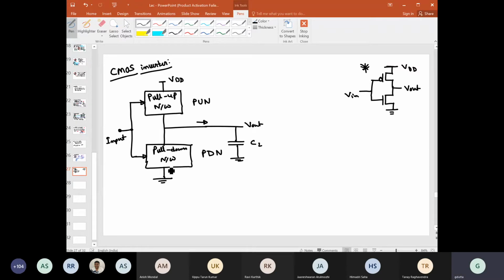Again, I repeat, for every set of input logic values, considering valid input logic, for example logic 0 or logic 1: if we apply logic 0, then either the pull up network should be connected with VDD or the pull down network should be connected with the ground.